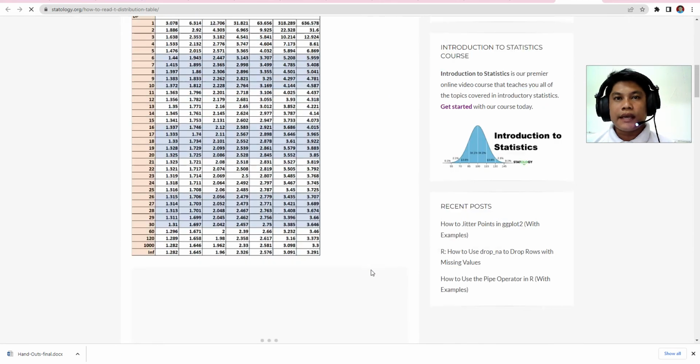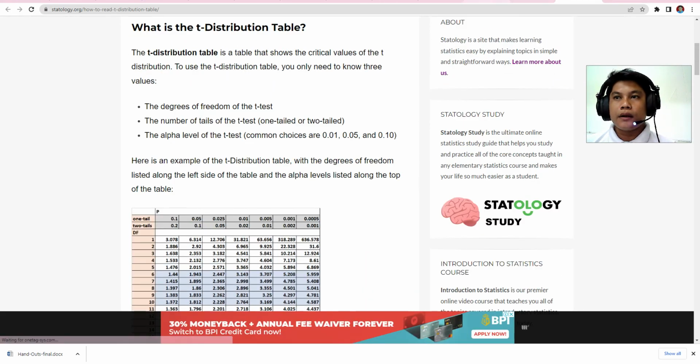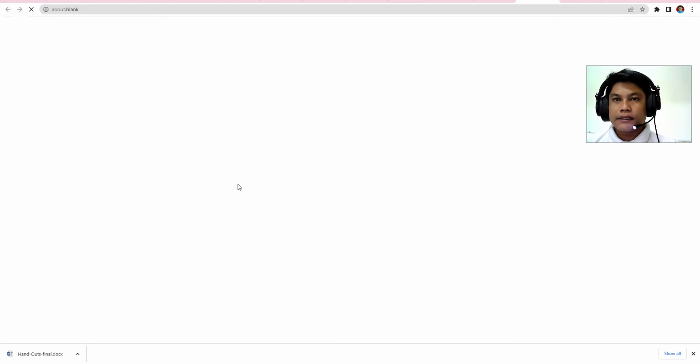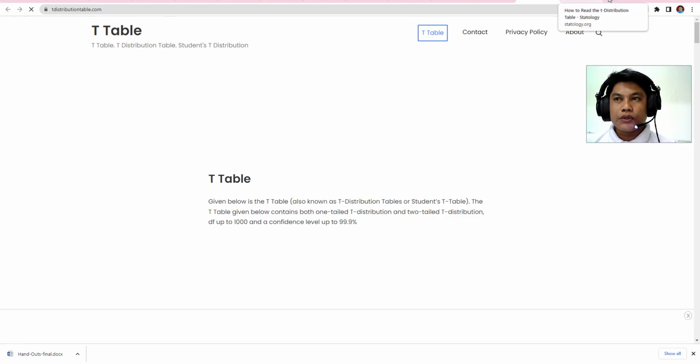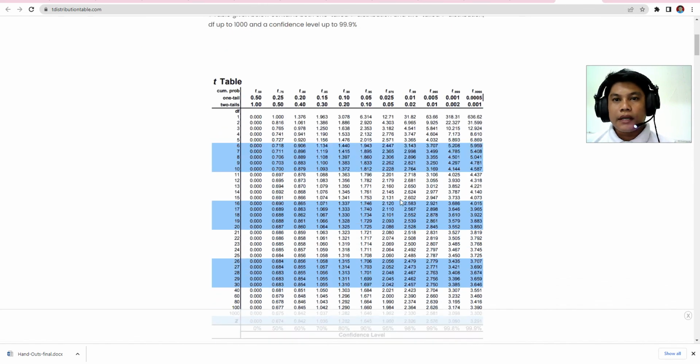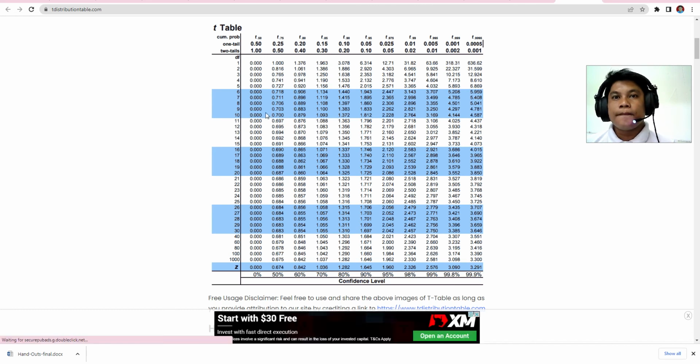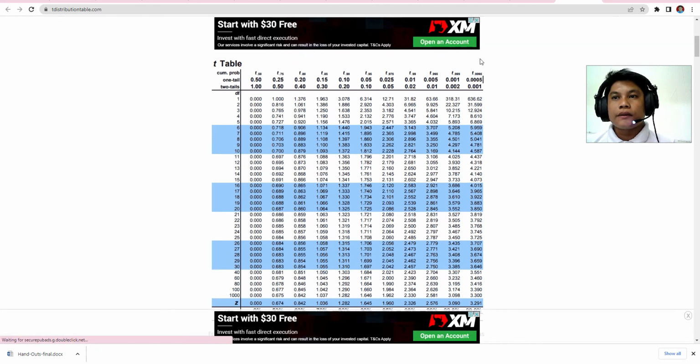In this case, we are looking for a t distribution table. Okay, so this is a t distribution table. As you notice, there are t values here.